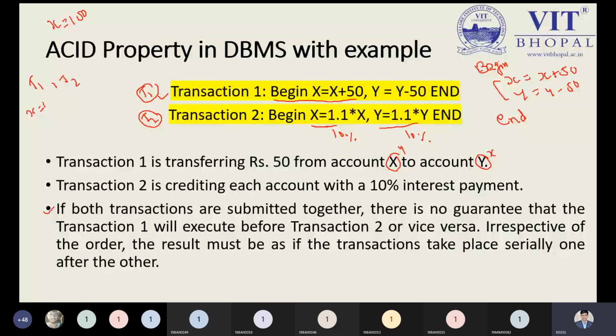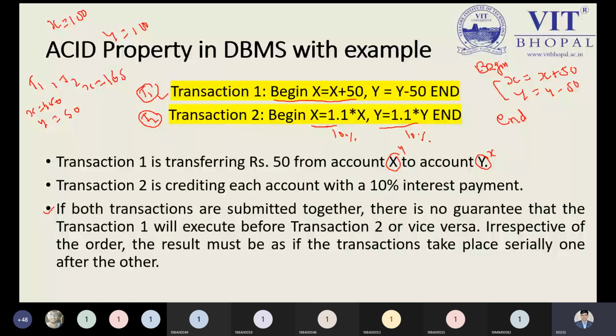So X will be updated to 150, and Y also having 100 rupees, so the Y value will be 50 rupees. Then we are performing the next transaction T2, so X will be updated by 10%. Now 10% of the 150, that would be 165.